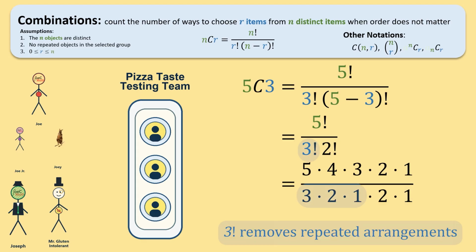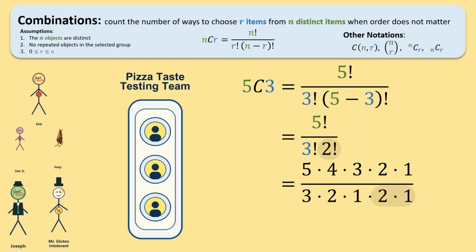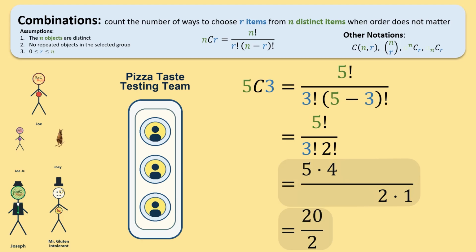The 3 factorial in the denominator is removing the repeated arrangements of each subset. The 2 factorial cancels the unused tail of the 5 factorial after accounting for the 3 selected positions. We can cancel out 3 times 2 times 1 and we're left with 5 times 4 divided by 2 times 1, which is 20 divided by 2, and that equals 10. There are 10 different subsets of 3 people we can make from 5 people.